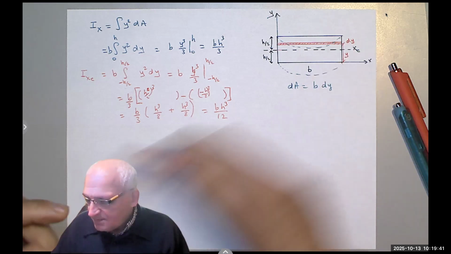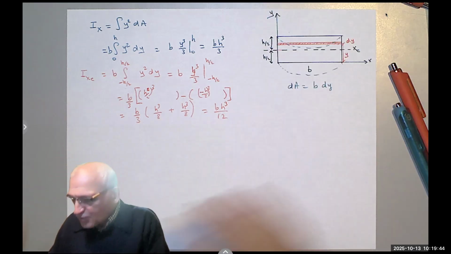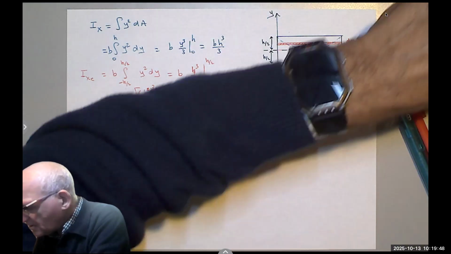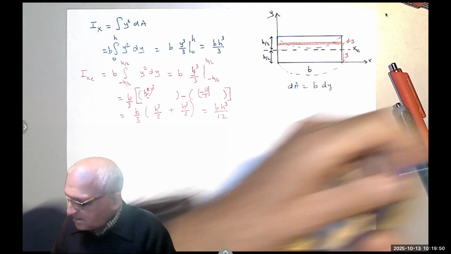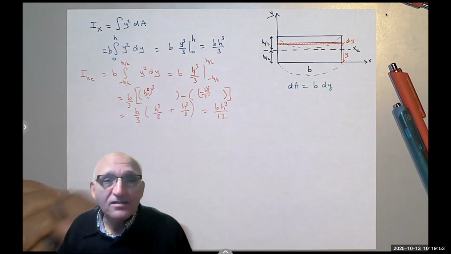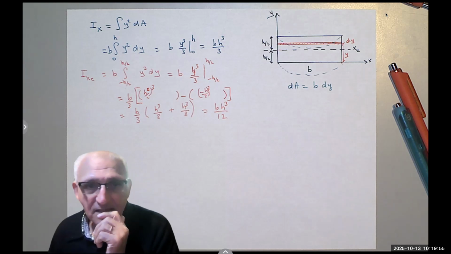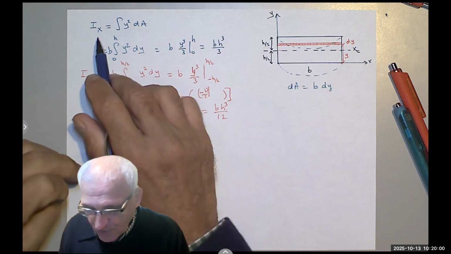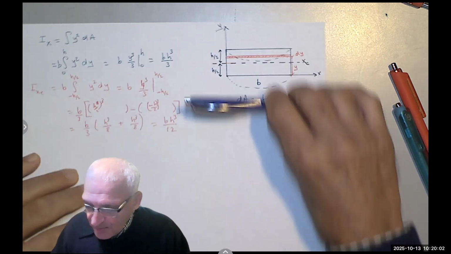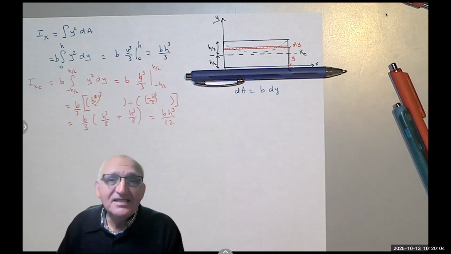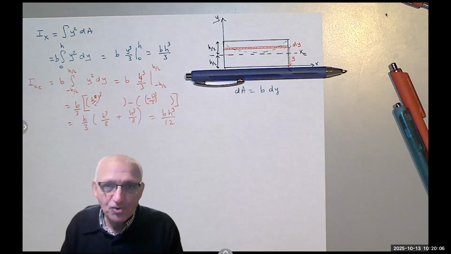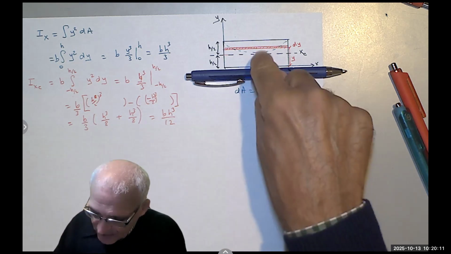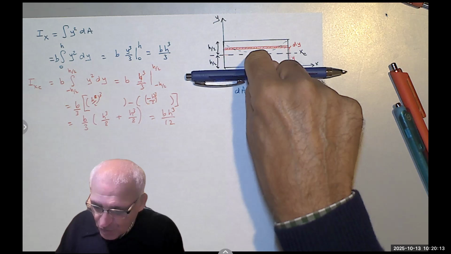Now, maybe we can introduce, without proving, a very important law called the parallel axis law, or parallel line law, of the moment of inertia. If I know the moment of inertia about any line parallel to the axis of the centroid, I can find the moment of inertia about the centroid.